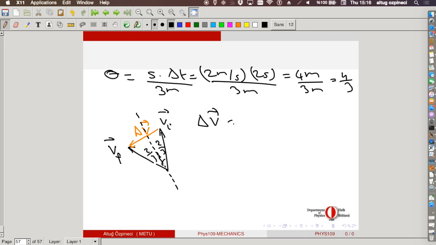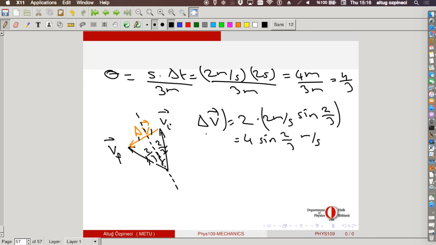And since this is an isosceles triangle now, this side is equal to that side. And one of those sides will be twice the speed, 2 meters per second times sine 2/3. So this is 4 sine 2/3 meters per second. This is the magnitude of delta V.